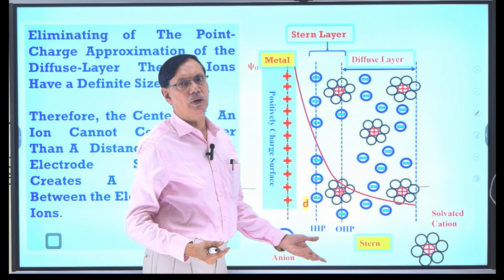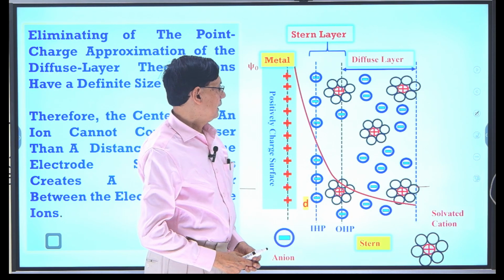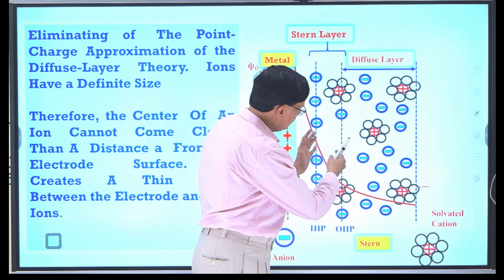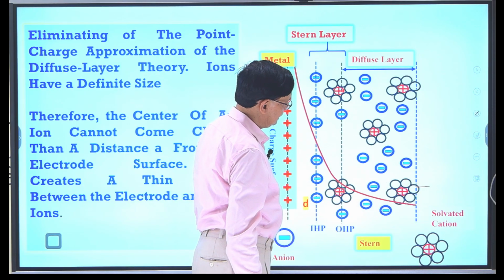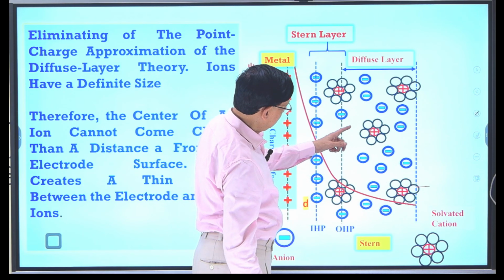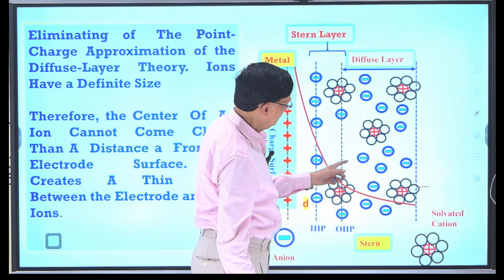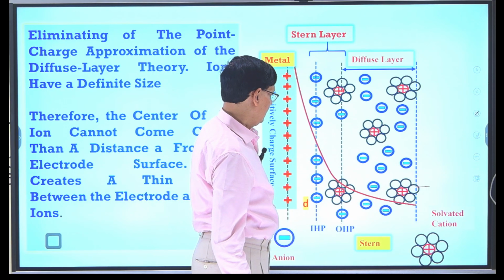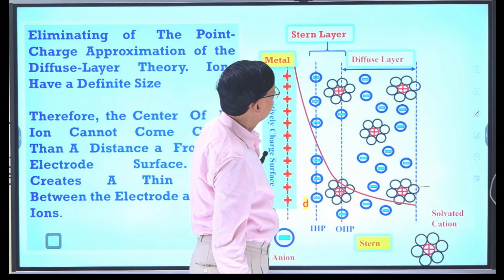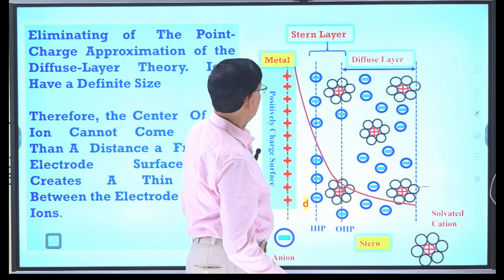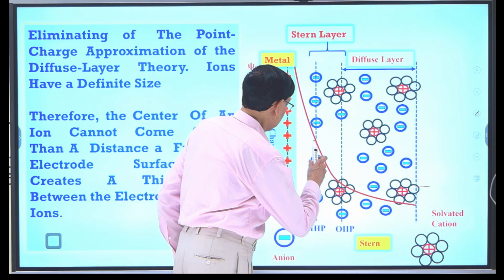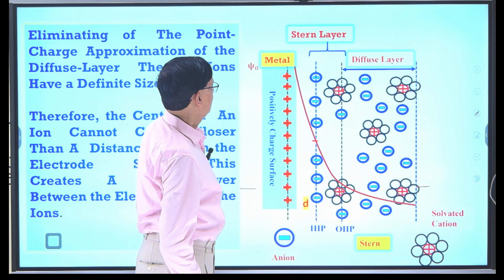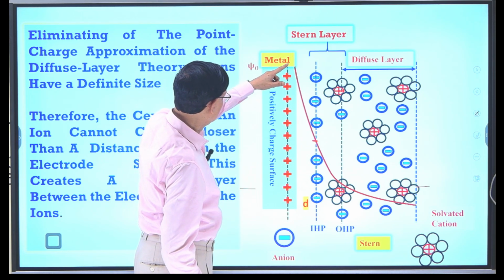Suppose I am taking d, you can take a also, and then there is some scattering of the ions due to thermal movements and other things. So there are some other ions and counter ions in there. Now what is important here is that up to this point, if you see very carefully, there is a sharp decrease in the potential.